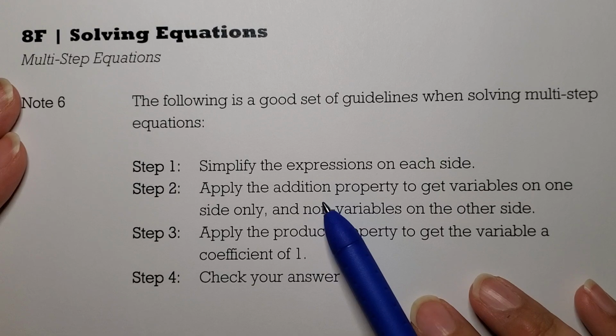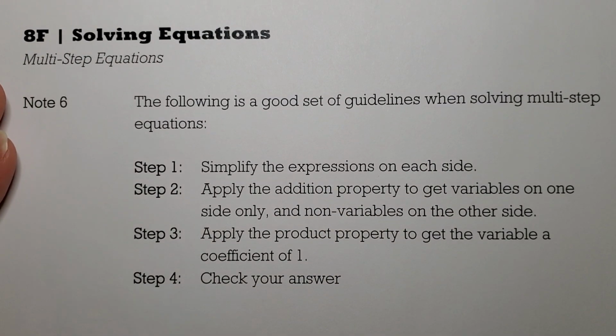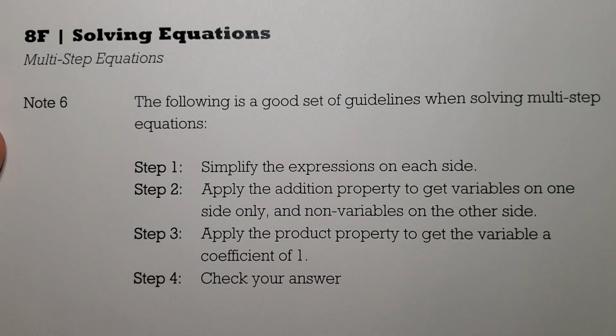The goal of using the addition property is to get everything with a letter on one side of the equation and everything without the letter on the other side. And then the goal of the product property is to get rid of the number in front of the variable.